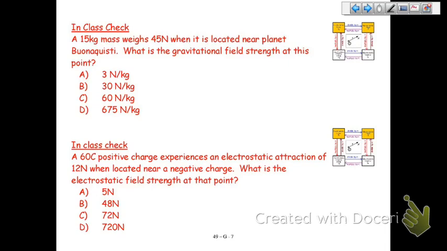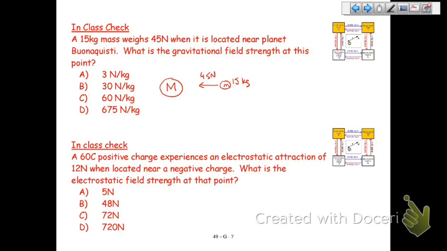A 15 kilogram mass weighs 45 newtons when it is located near a planet. So here's my planet, that's my big M, and a 15 kilogram mass, there's my little m. It weighs 45 newtons, and this is 15 kilograms. And what is the gravitational field strength?